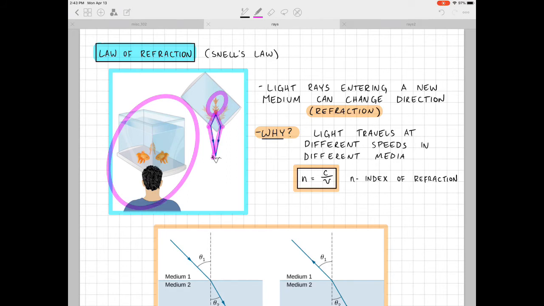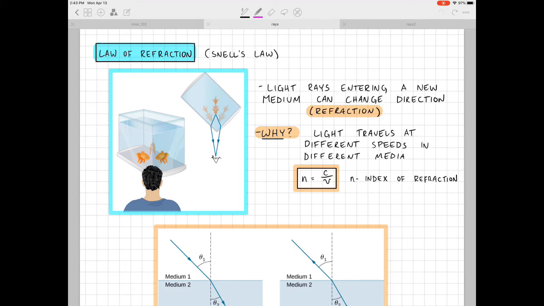And so ultimately what you see is multiple images of an object, even though there's only one object, because all your eyes and your brain are doing is tracing the rays that enter your eye back, and that's the resulting interpretation. And so light rays entering a new medium can change direction. Why? Well, it's because light travels at different speeds in different media.